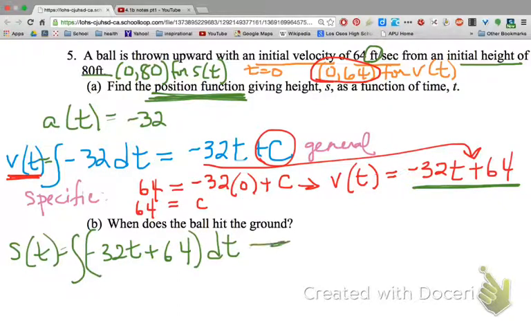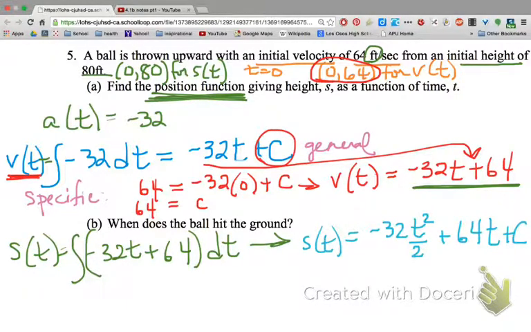And again, if I power everything back up, I'll have s of t equals, so let's see, that'd be negative 32. I'll power up the t and divide by 2. And I'll power up the t, which before it was 0, so now it'll be t to the first, plus c. So there's my general equation.